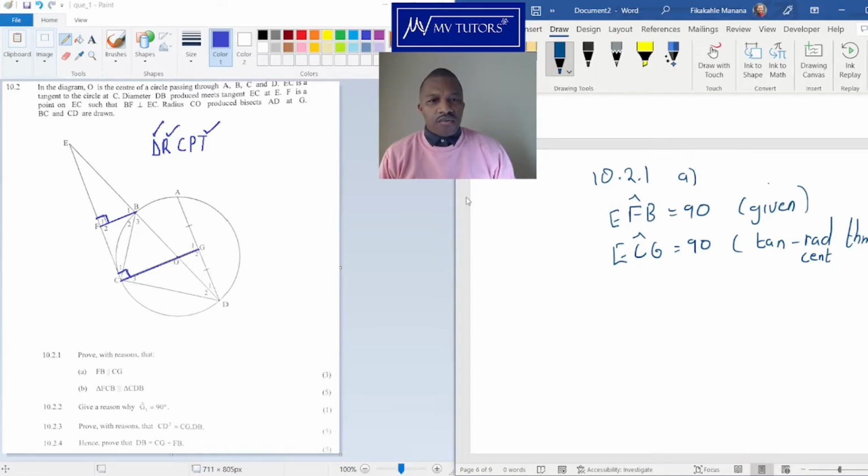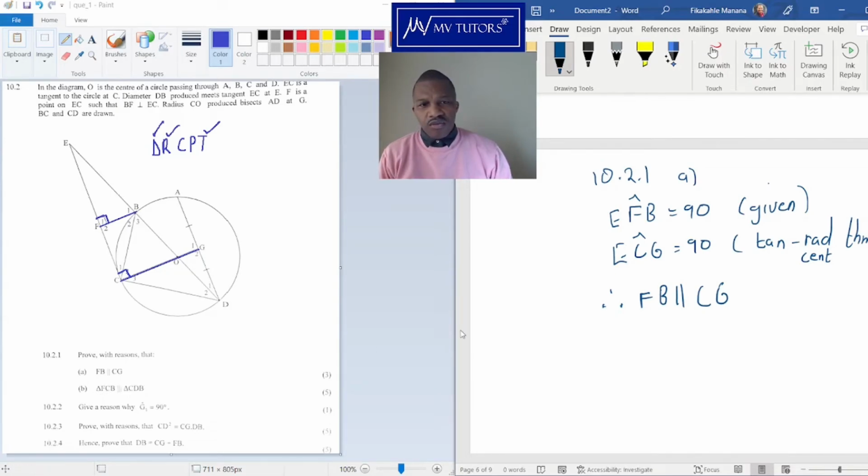And therefore, the line FB must be parallel to the line CG because they have the same angles.